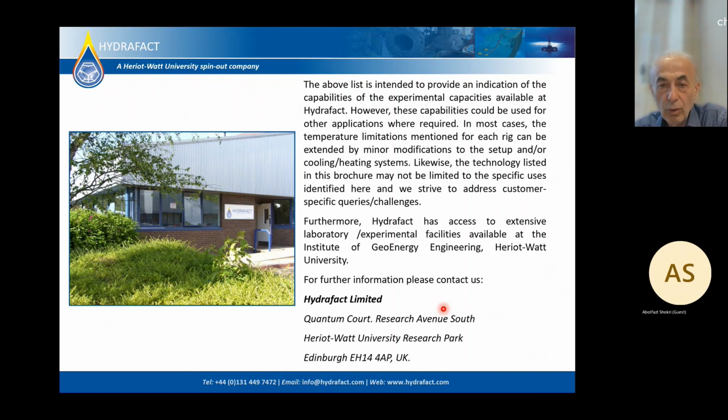We normally don't buy anything from outside, except pumps and GC; we build it ourselves. And that's why we have the ability to change the experimental equipment based on demand or requirement. That's it. Thank you very much for your attention.